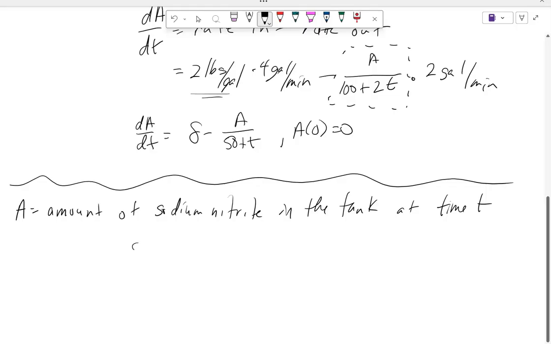Again, exact same concept that we just did a minute ago. We're going to do rate in minus rate out. The stuff coming in is going to increase the amount of sodium nitrite. The stuff going out is going to decrease the amount of sodium nitrite.